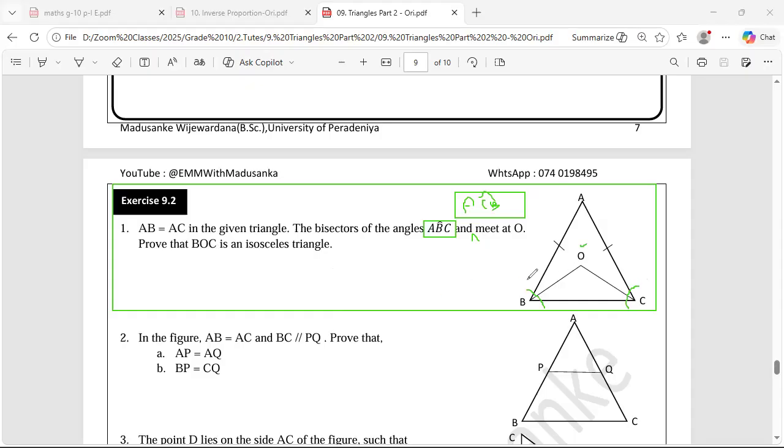Give it a try. Make a try and then put it down. If you have done, you can send it to me, but I will start discussing this by 8. I'll give you 3 minutes to try.